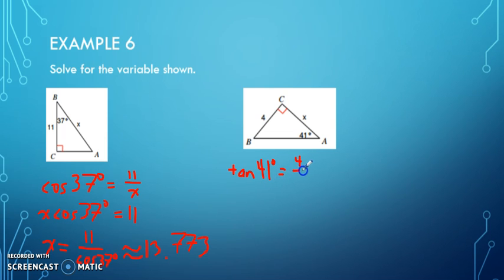equals 4 over x. Just like before, I'm trying to use opposite operations, and the opposite of dividing by x is multiplying both sides by x. And then since I'm trying to get x by itself and there's something being multiplied by it, I'm going to divide both sides by that tangent of 41.